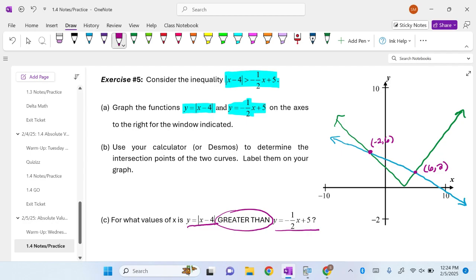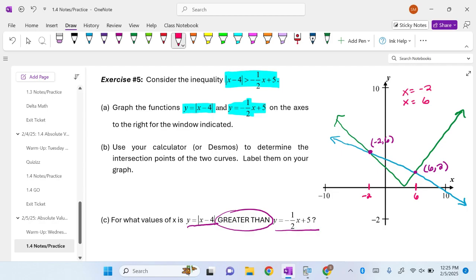Remember, they're equal to each other at x equals negative 2 and x equals positive 6. So negative 2 is right here and 6 is here. So we're only looking at x values. Ignore the y's. Or no, don't ignore the y's.